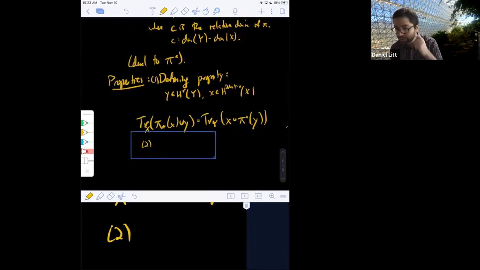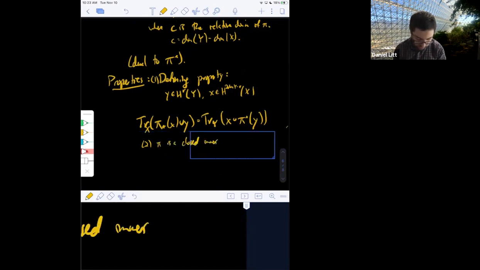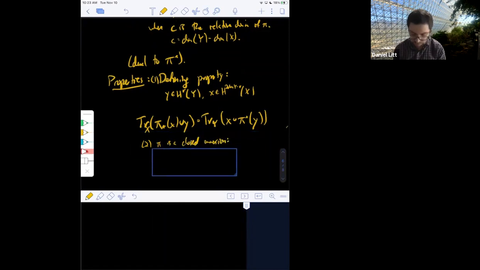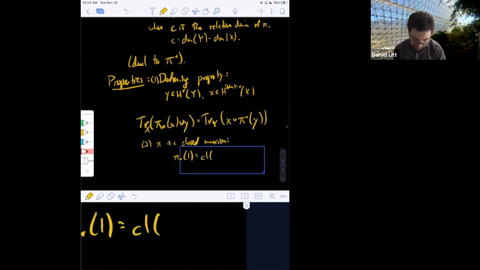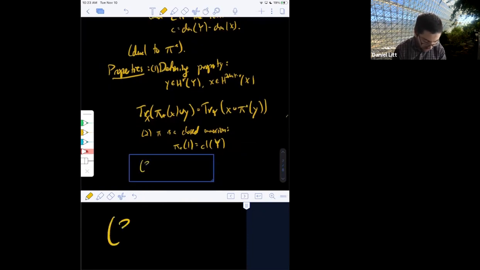Okay, the next property is that if pi is a closed immersion, then pi star of 1 is just the class of y, so the cycle class. So this boils down to unwinding the definition. Okay, 3, this follows from the functoriality of trace and the cup product.